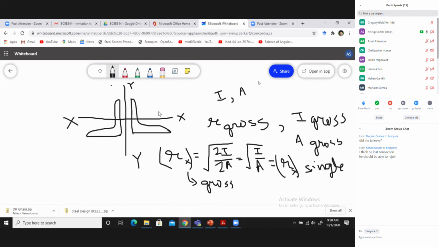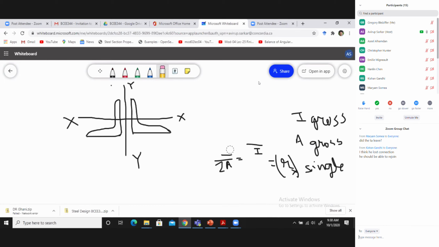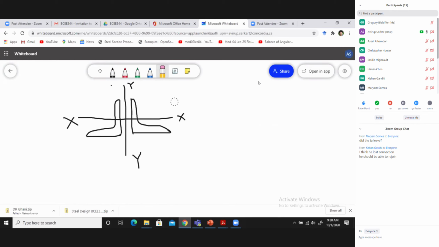Because about this axis, if you calculate the total moment of inertia, that will be simply 2 times of I and 2 times of A. So that's why in that case we had used the R for the gross section as the R for the single section only, which was given as 13.3.